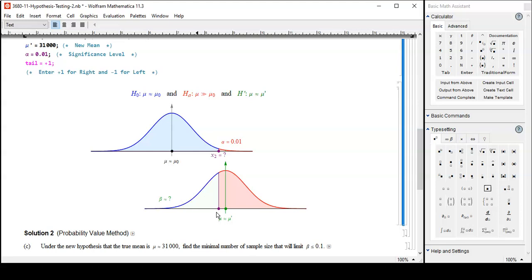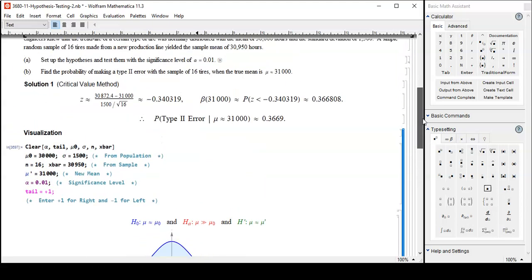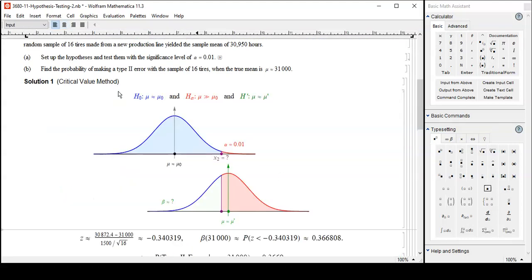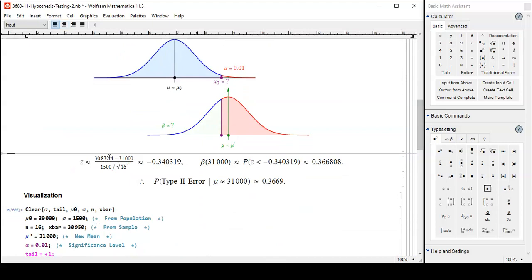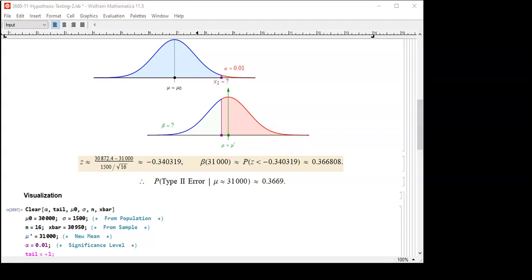How do I do that? X-bar minus center over SE. So let me copy and paste this picture. X-bar minus center over SE. Calculate, you get negative 0.34 something. All right, so look up the z-table for less than negative 0.34 something. Where's my z-table?